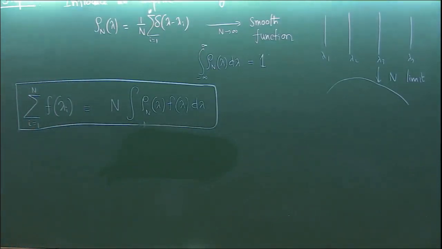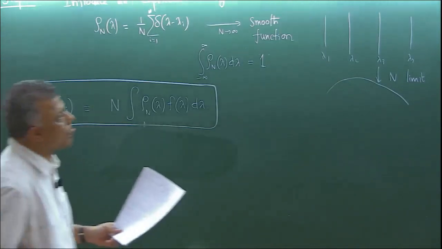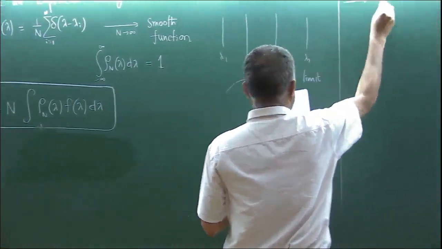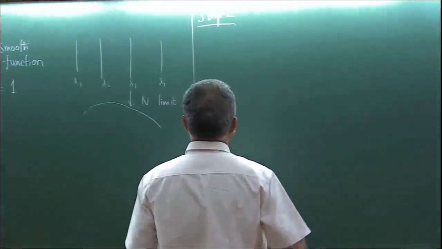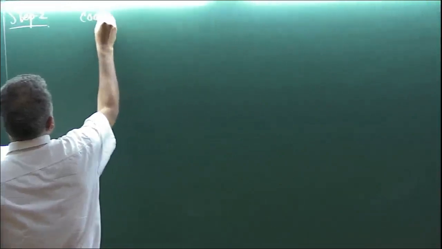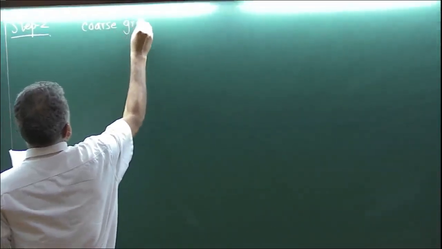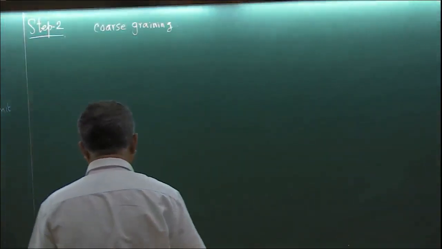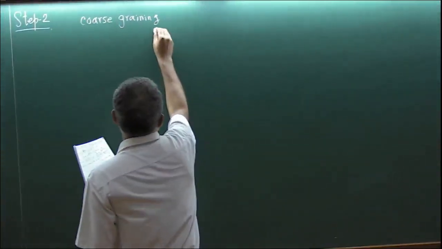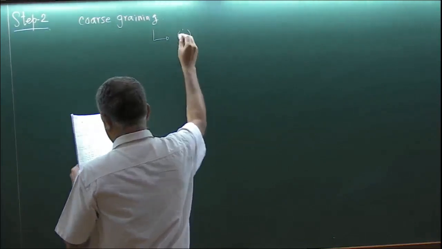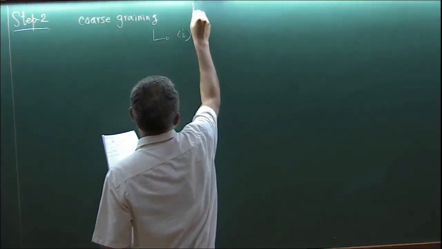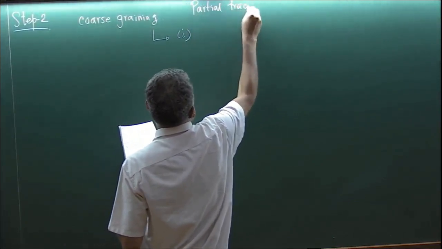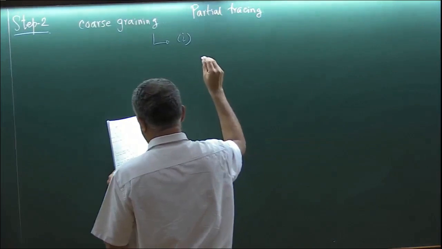You have defined a density. So now step 2 is this coarse graining. What does coarse graining mean? It's a partial trace. I'll tell you what it means, partial tracing.